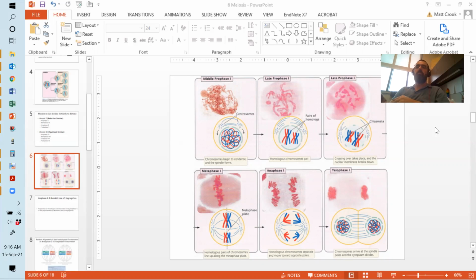But in prophase, what has to happen is first, chromosomes, or homologous chromosomes, align very precisely in early to middle prophase.